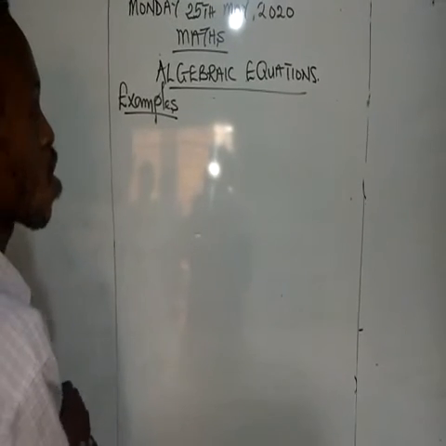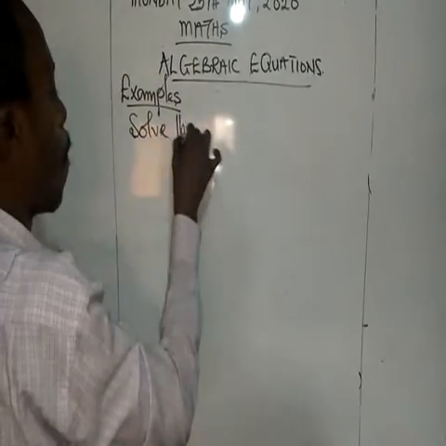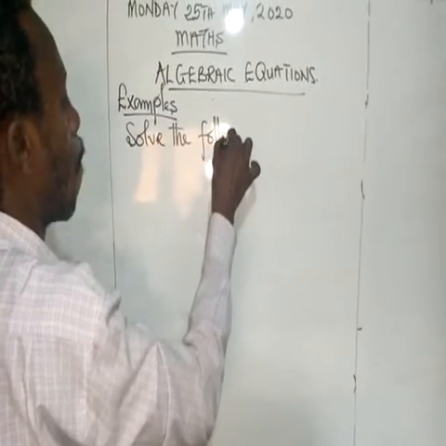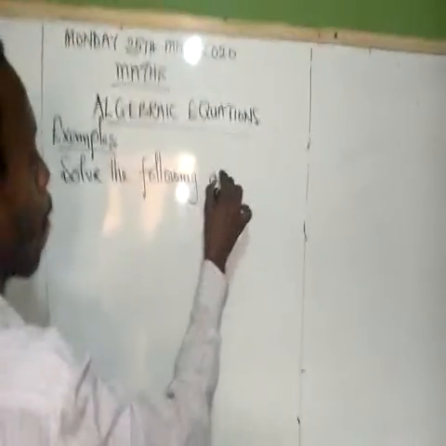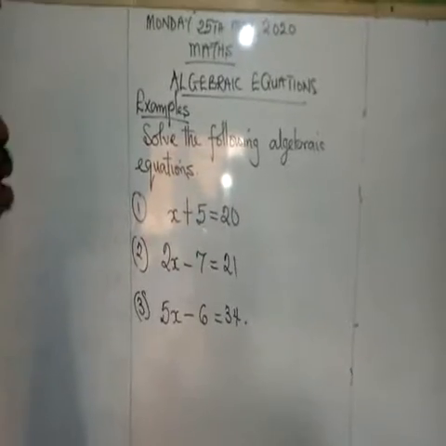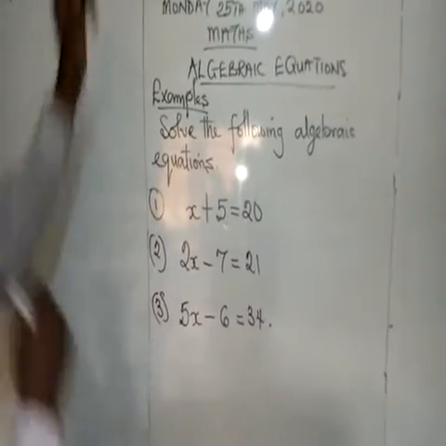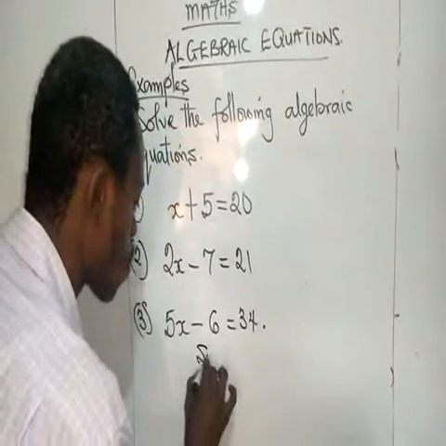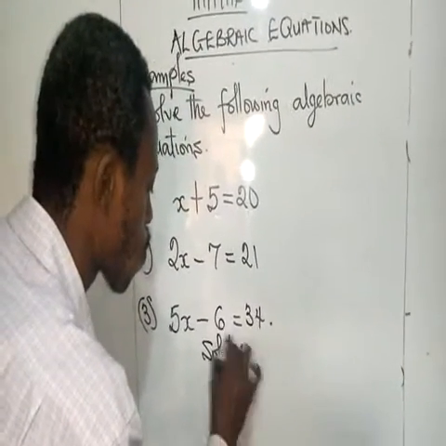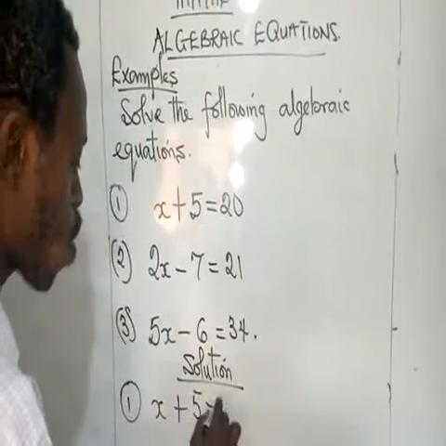If you have questions like this, now let's look at these algebraic equations. All right. Number one, solution. Number one, x plus 5 equals 20.